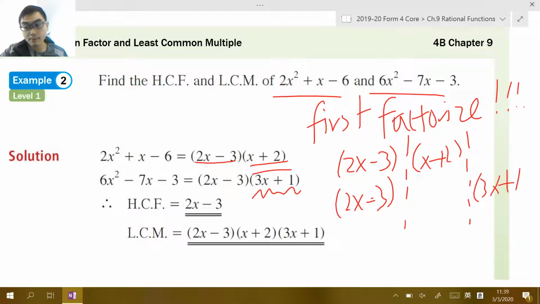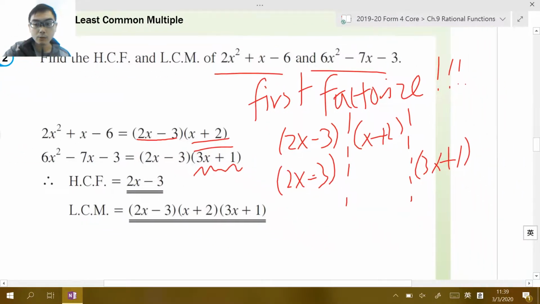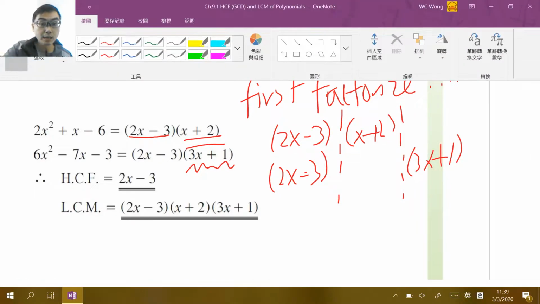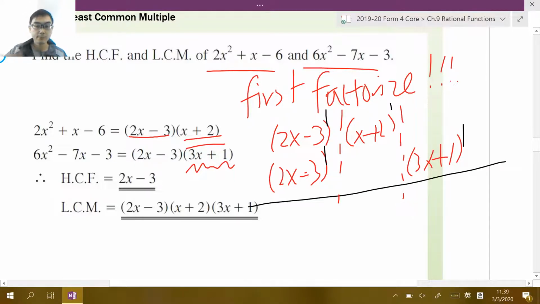Do remember that now, because we have no power, or we say power 1 on each factor, all are in power 1, so what we need to do is just take what we have for HCF and LCM. For example, both have 2x minus 3.